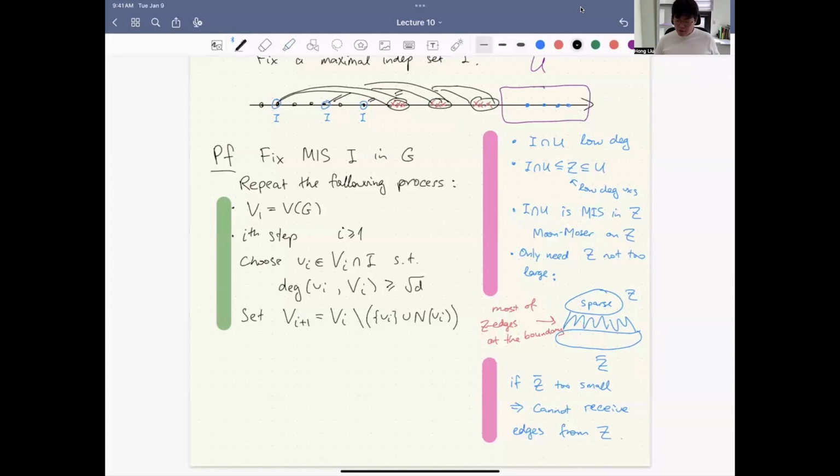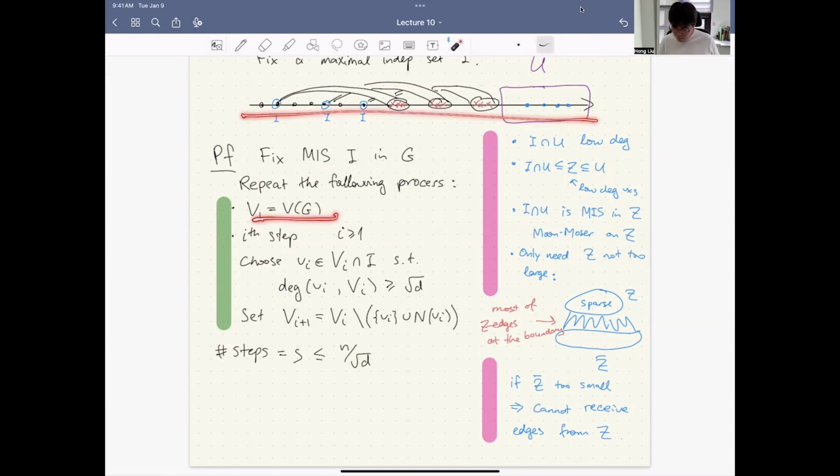Now, at the end of the algorithm, how many steps? The first observation, the number of steps, let's call it S. S is at most n over square root D, obviously, because we start with V1 of size n.